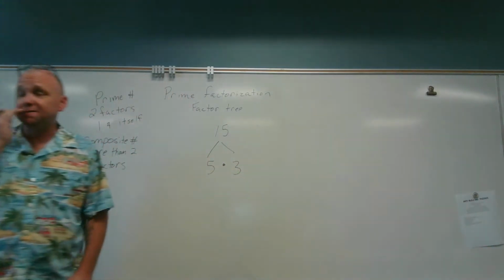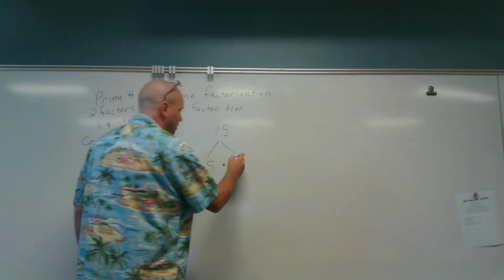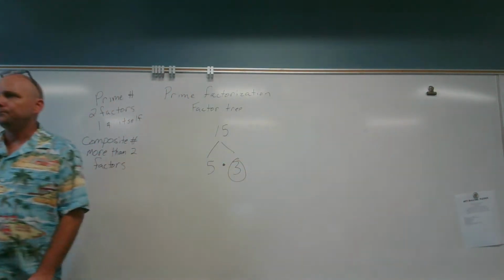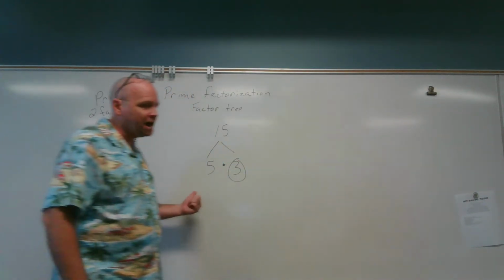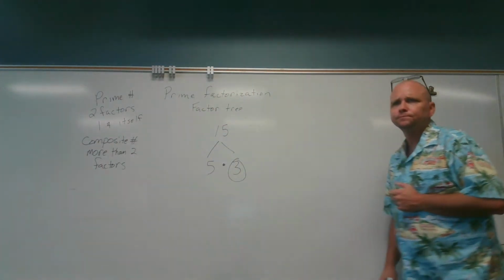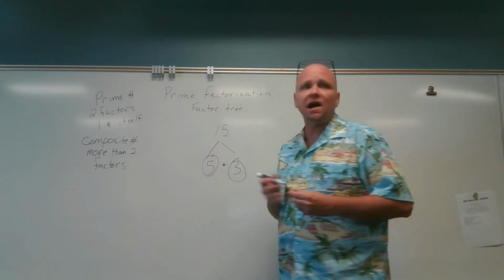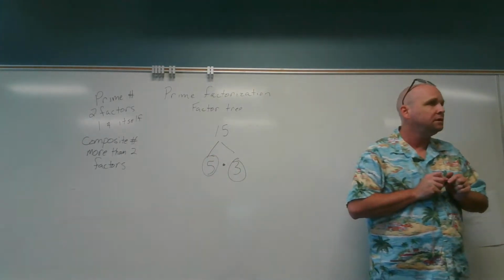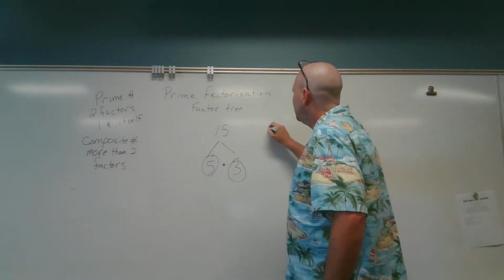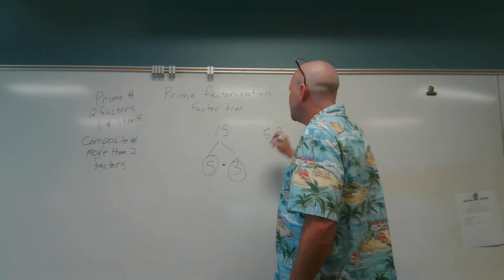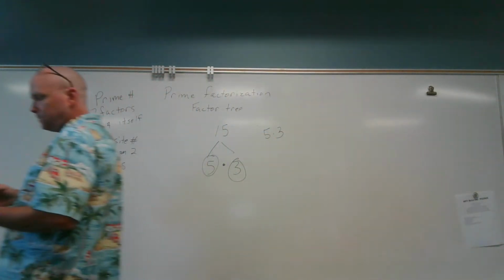Now, we already said in the last problem, 3 is prime. Carlos, what about 5? Prime or composite? Prime. Because the only factors of 5 are 1 and 5. That means I'm done. My prime factorization of 15 is 5 times 3.